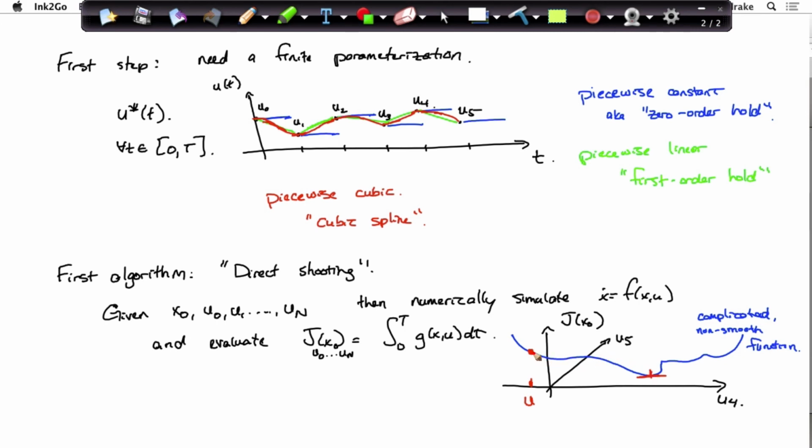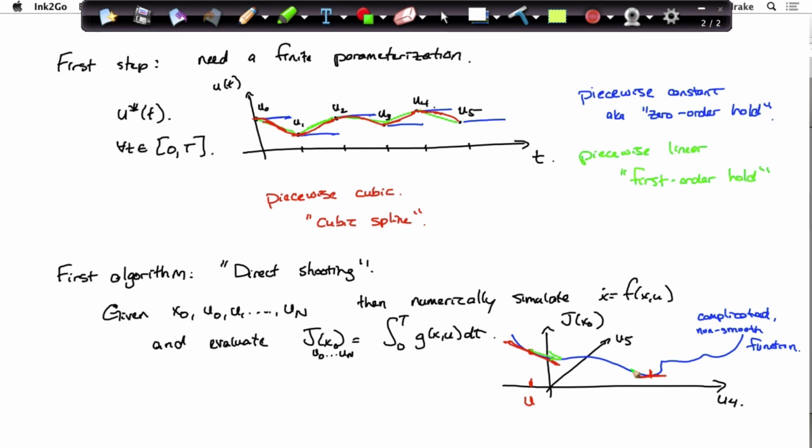Now, one way to do that is to, when you evaluate u at this point, not only evaluate its value, but evaluate the local gradient at that point, right? So if I can find the gradient of the function at that point, then I can try to walk down the gradient, move in this direction until that gradient goes to 0, right?